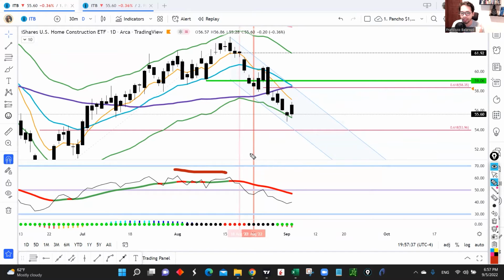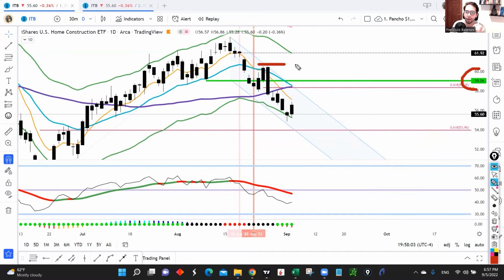The breakout failed. I have 2 of my sell signals already active, meaning that there's a high probability of continuation to the downside. You can see that we found resistance at that 21 exponential moving average, and we had a break of the bullish structure below 59.06. As long as price continues to trade below 59.06, I want to continue to trade this market to the downside. And then I'm looking for a retracement, right?